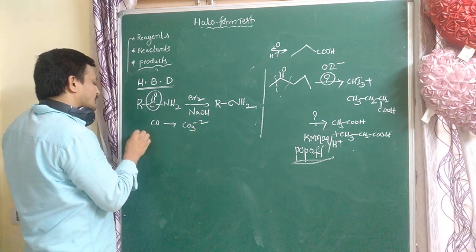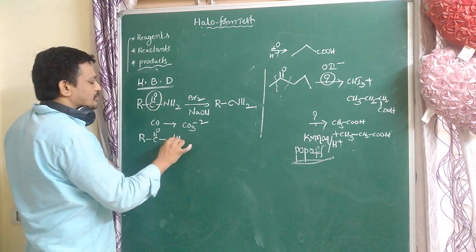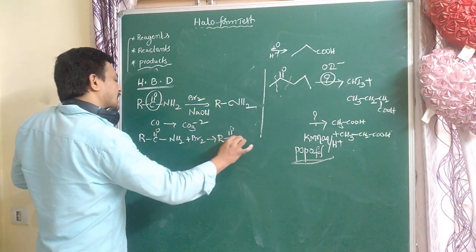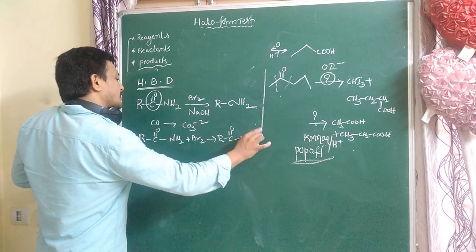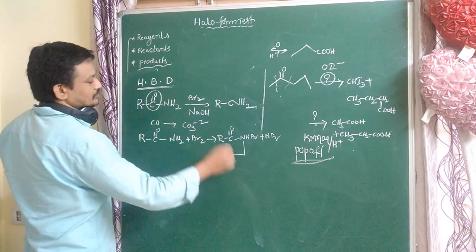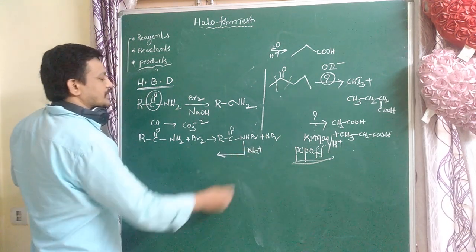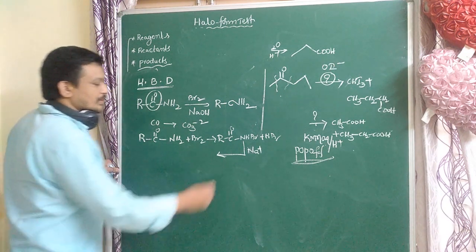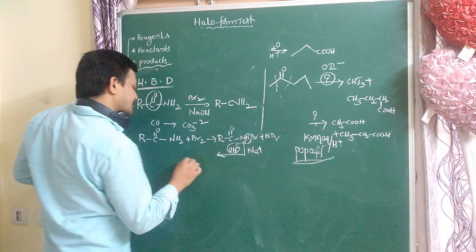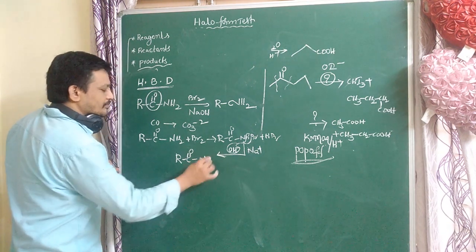So in this reaction, what is the mechanism? RC double bond O, NH2 reacts with Br2 to form RC double bond O, NHBr and HBr. So this reacts with K plus or Na plus and OH minus. First it reacts with OH minus, which removes the H plus, giving C double bond O N Br.